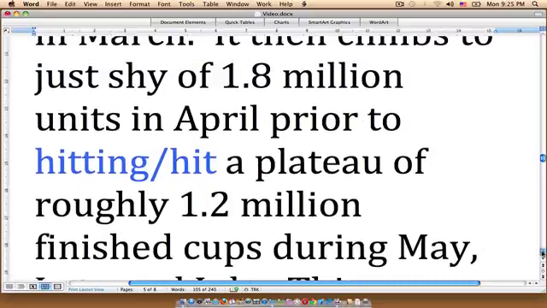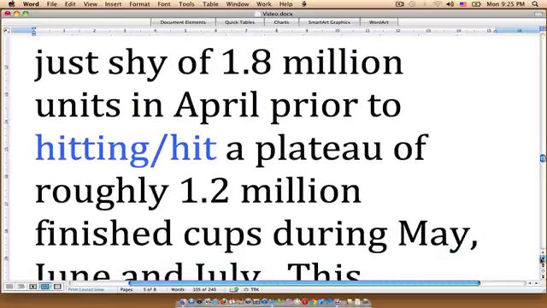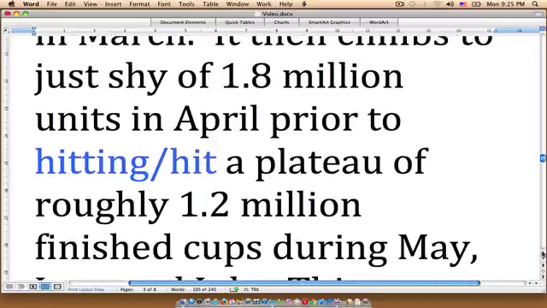Or we could say, it then climbs to just shy of 1.8 million units in April, prior to hit a plateau of roughly 1.2 million finished cups during May, June, and July. And here the correct word would be hitting.